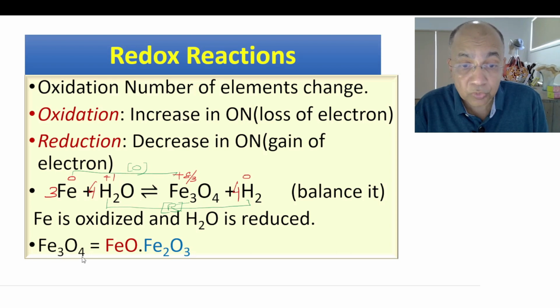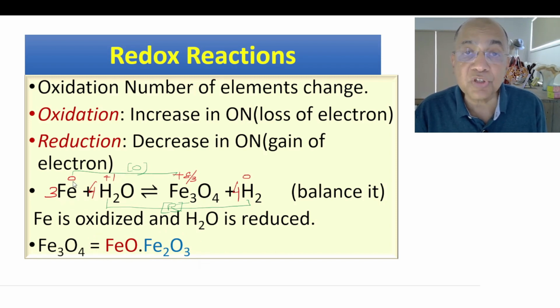So I have told you that Fe3O4 is nothing but an equimolar mixture, 1 mole of FeO, 1 mole of Fe2O3, ferrous oxide and ferric oxide. Together if you add them, it will be Fe3O4. And iron is oxidized from 0, because rule number 1 says that if it is in the neutral uncombined state, it is 0.